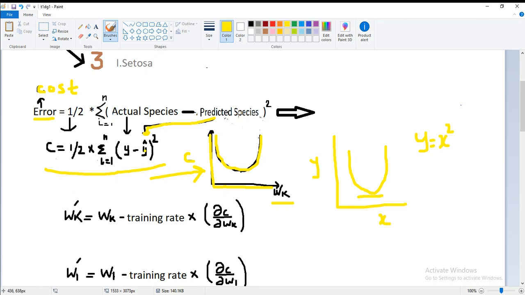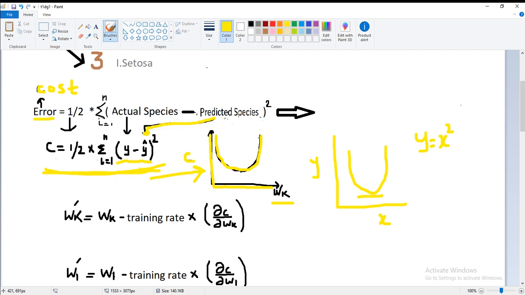That is because in the cost function, as you can see, there is the expression (y minus y hat) whole square. So it's basically the same thing, because a variable or a combination of variables is being squared, and that is why the function is shaped like this, and we have wk on our x-axis. So why do we have wk on our x-axis, and where is wk in this equation?